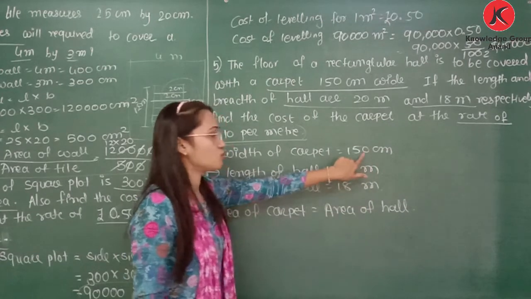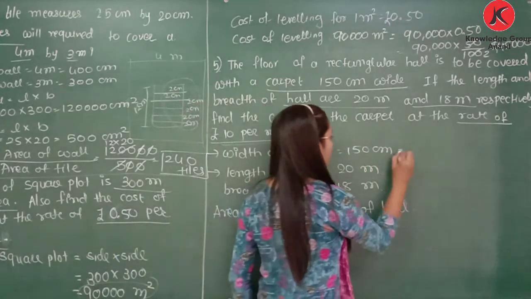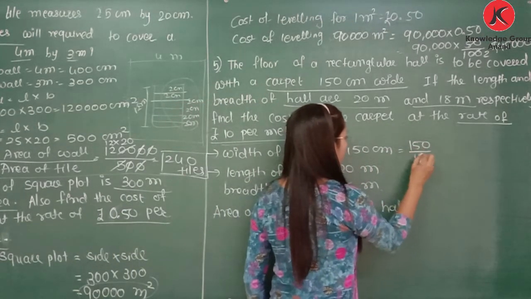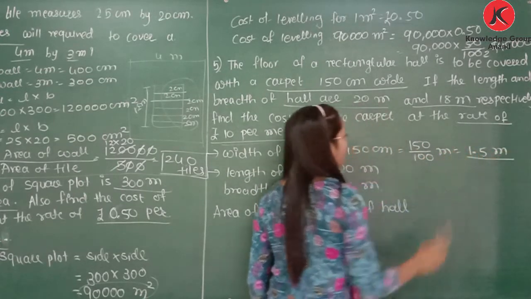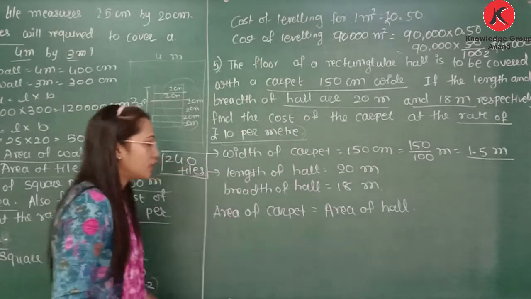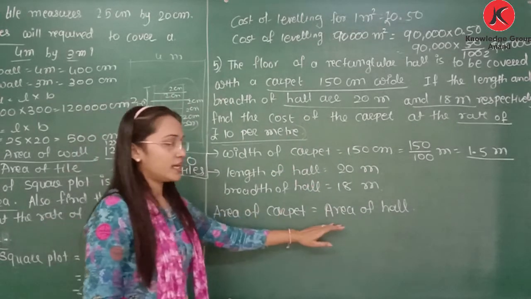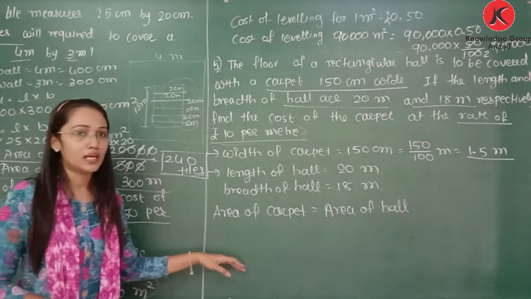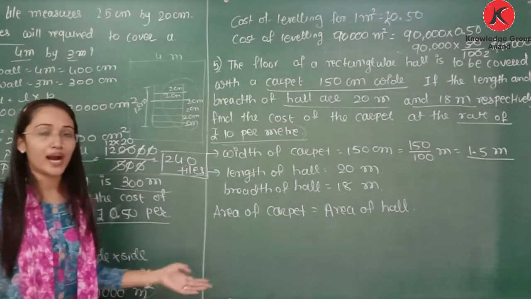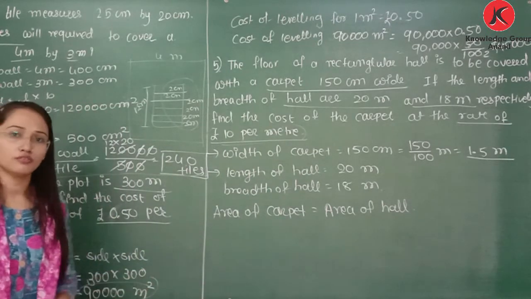So convert this into meter. So it is 150 by 100 meter. It is 1.5 meter. This is the width of carpet. Area of carpet will be area of hall, because whatever the area of the hall is, that is equal to the area of the carpet, because carpet is on the floor.